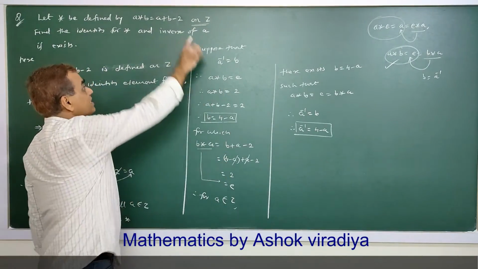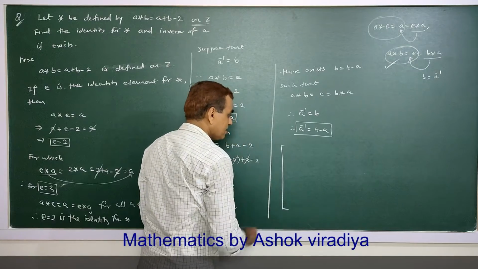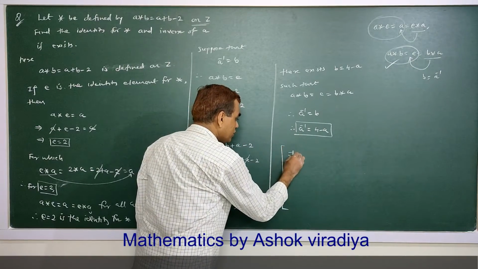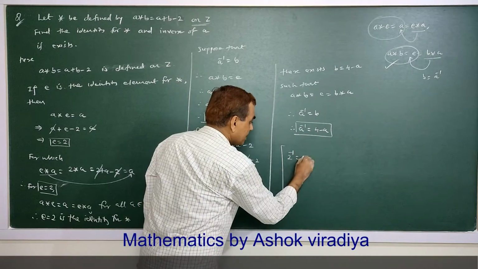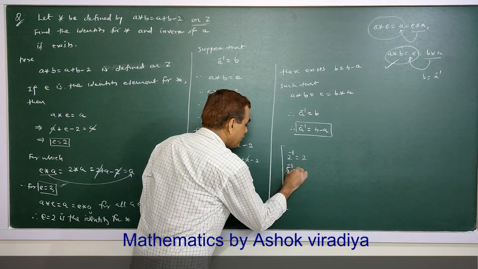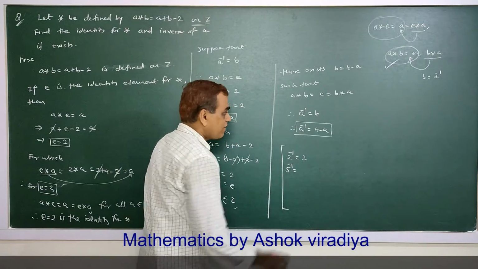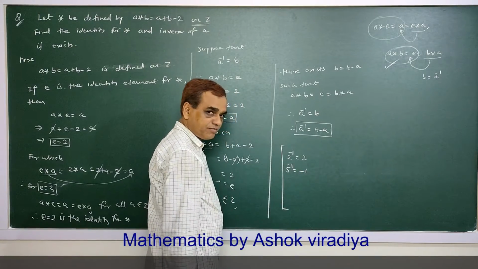So here this was on Z. What is the meaning of this statement? If I keep here 2, what is 2 inverse? 2 inverse is 4 minus 2, that is 2. If I take 5, 5 inverse is 4 minus 5, which is minus 1.